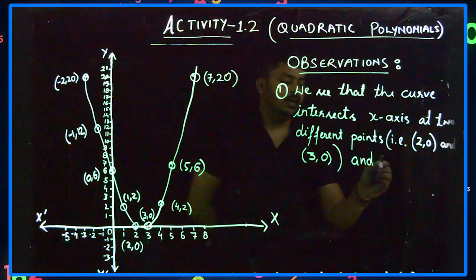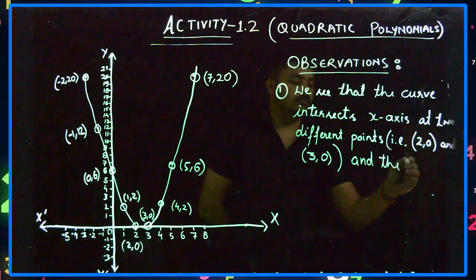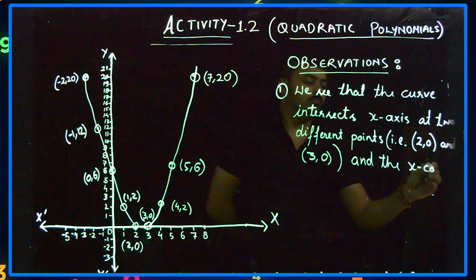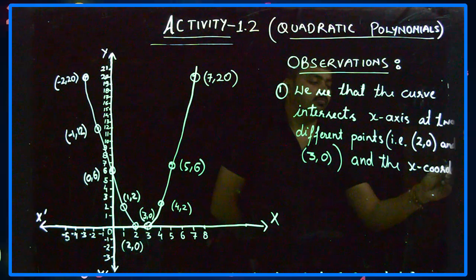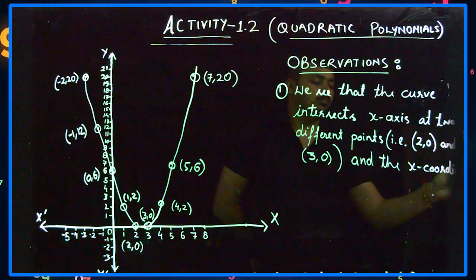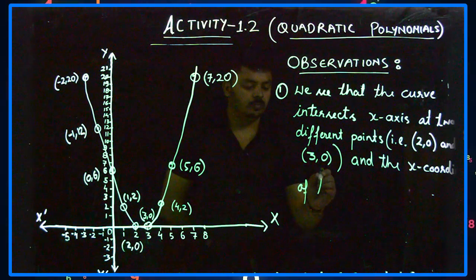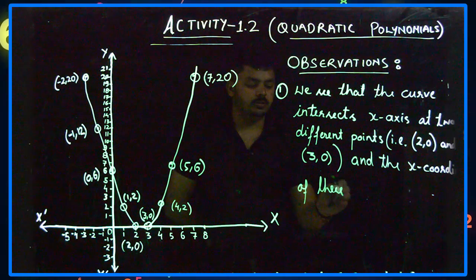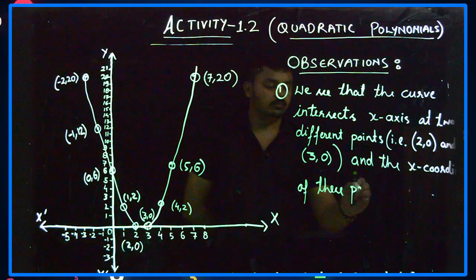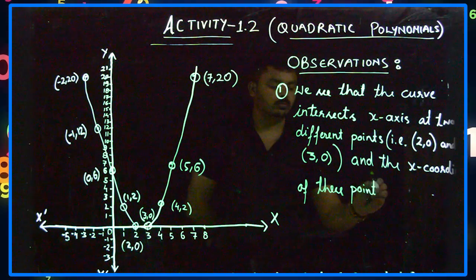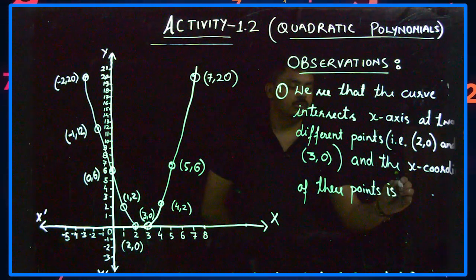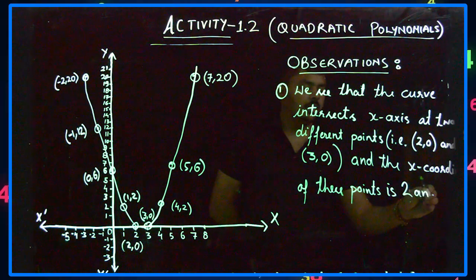And the x coordinates of these points are 2 and 3.